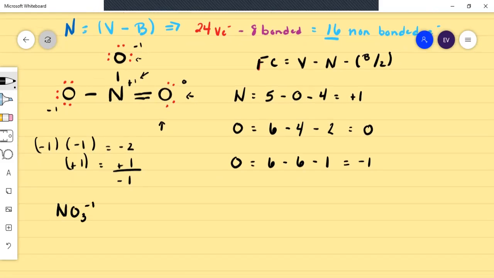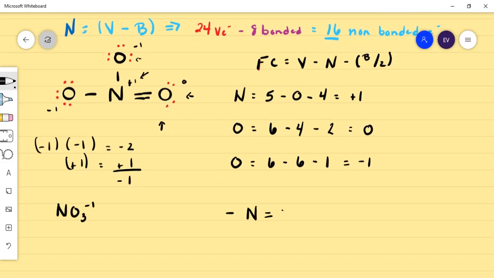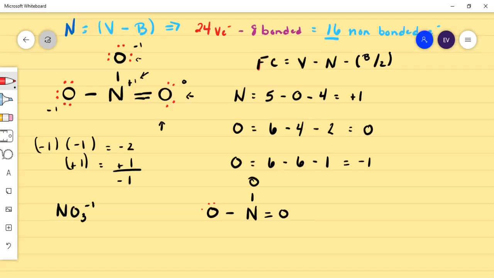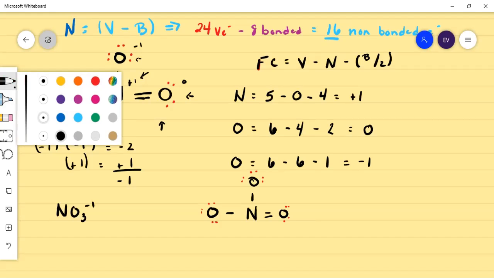So the structure for nitrate is going to look like this. I'm going to add all my non-bonded electrons, and then I'm going to draw my brackets around it.